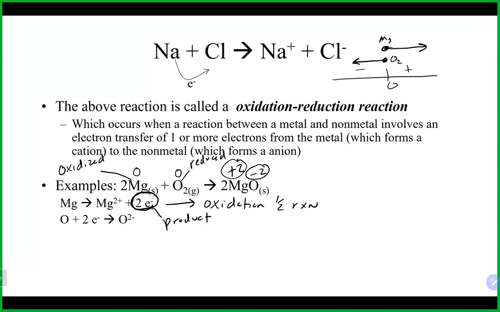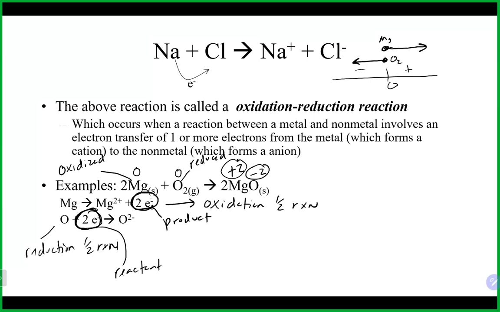And if you see a half reaction with electrons on the product side, it's definitely the oxidation half reaction. This is the reduction half reaction. And reduction means it gained electrons, so we will see electrons on the reactant side. And that is how you know it is a reduction half reaction.